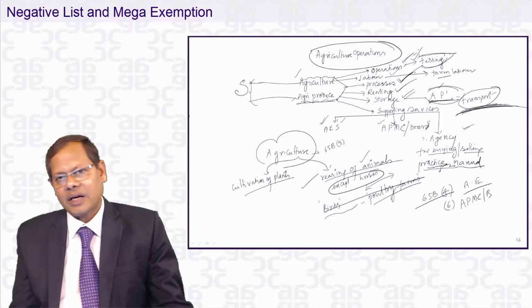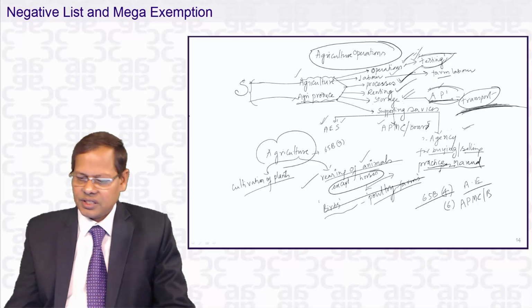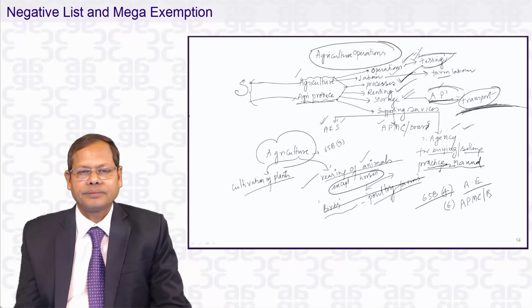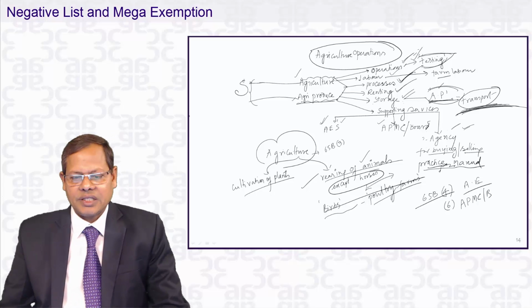And in the negative list, even agency services are covered. So look at the entire gamut like this.